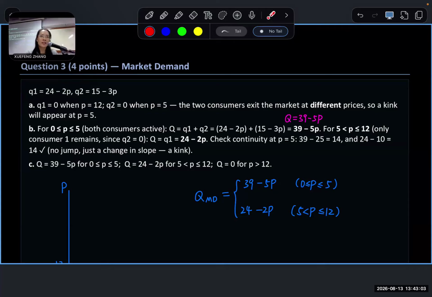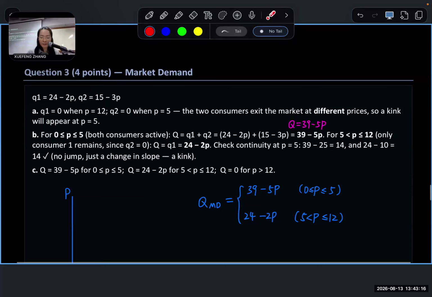What does it mean? It means that if Q equals 0, what is the price for two consumers? Okay? So here, if Q1 equals 0, you solve this one.